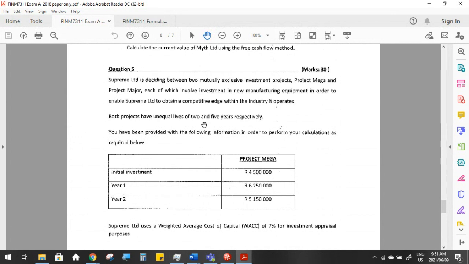In other words, how many years do I have to reinvest Project Mega over to get it to be equivalent in length to Project Major? What's the lowest common denominator between 2 and 5?